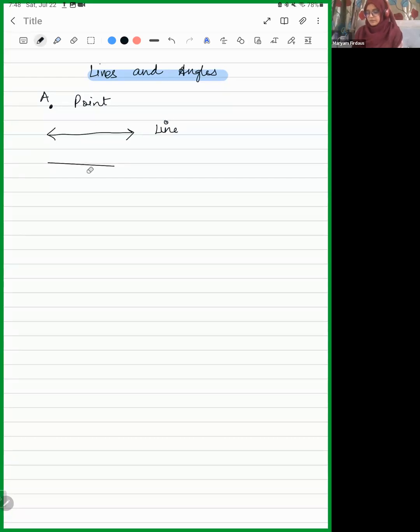Okay. Then tell me what is this? A ray. Okay, then what is this? Is Avni the only student in the class, or are there other students also?